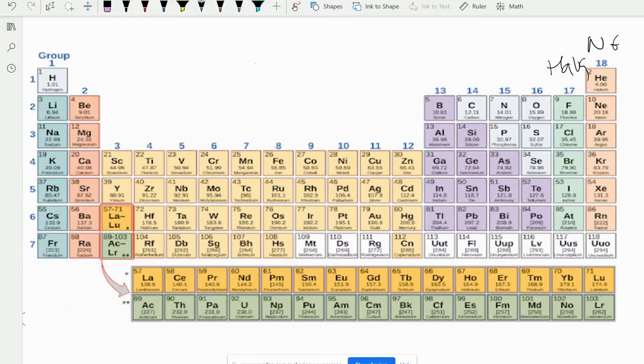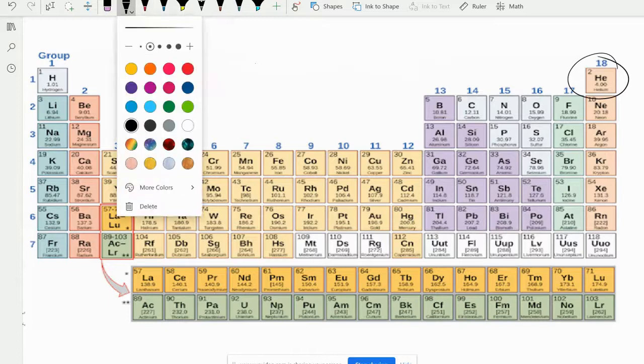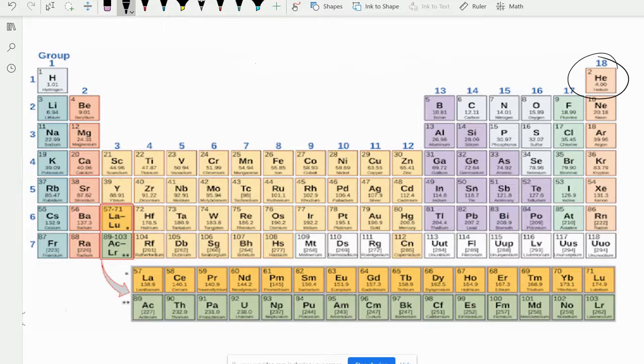When we do electron configuration, I'm actually going to annotate my periodic table in a different way and look at it differently. So here, I'm going to move helium, so you guys can see helium over here. For purposes of electron configuration, I'm going to move it right here.